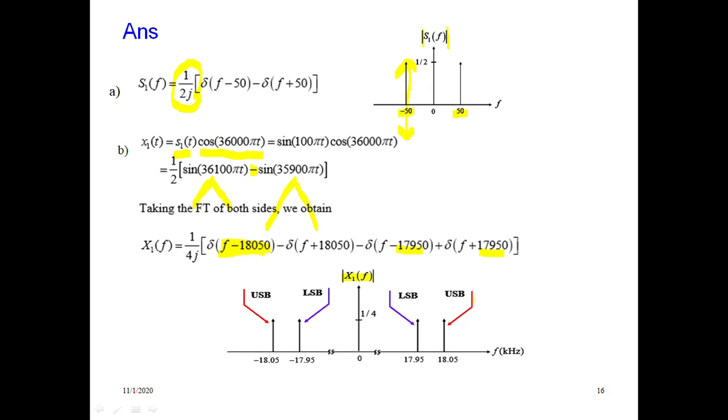The right one is usually the upper sideband. At the negative side, the most left is the upper sideband, and the lower sideband is at the left in the positive side and the right side of the negative side.